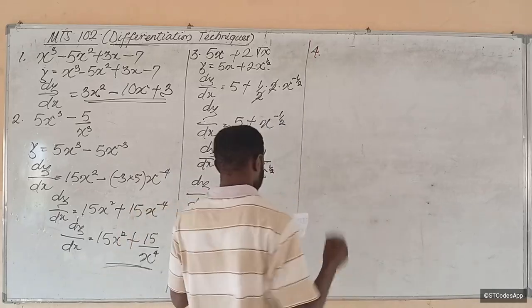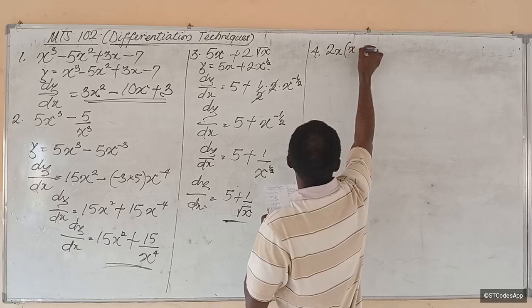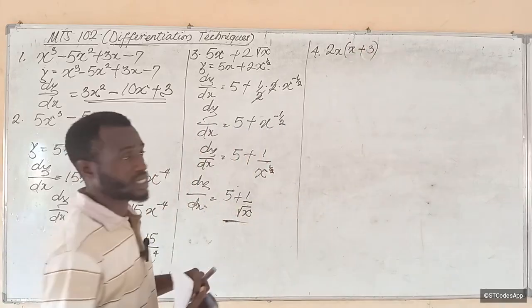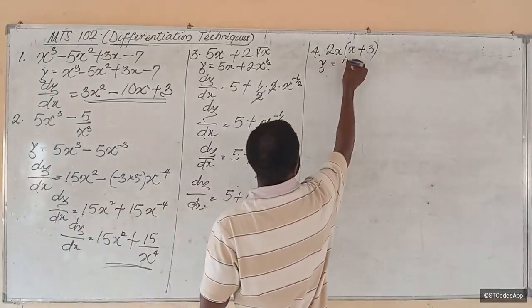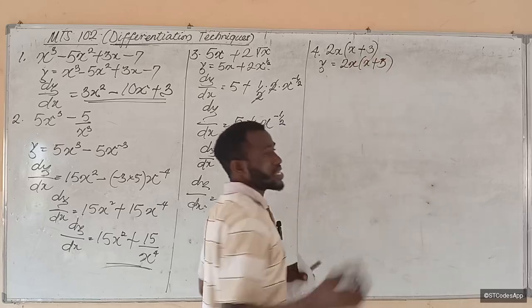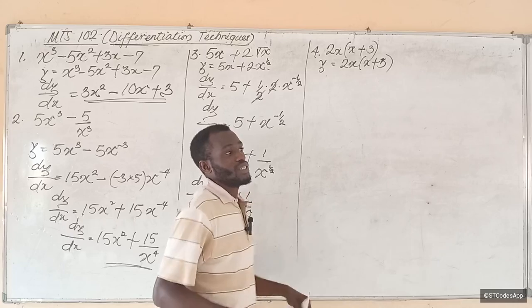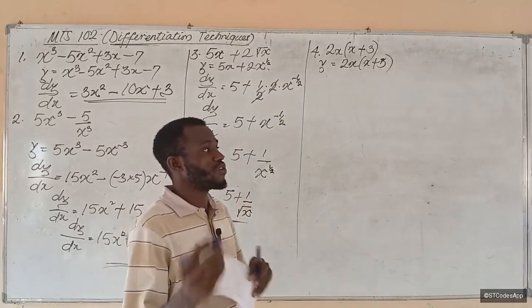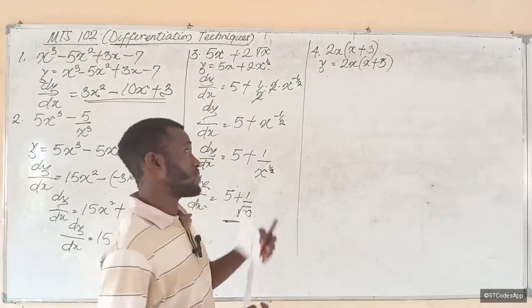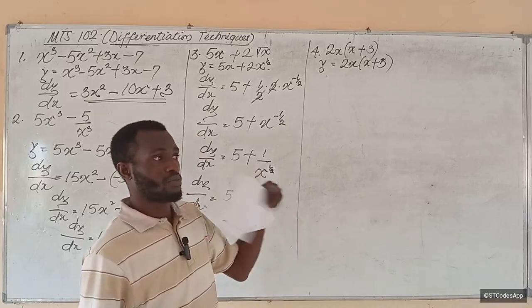And number 4 says 2x, into brackets, x plus 3. Now, when you have a function like this, that y is equal to 2x bracket x plus 3, you might think that you want to use product rule to differentiate this, but let me use both methods so that you see how to do both product rule and simple power rule.